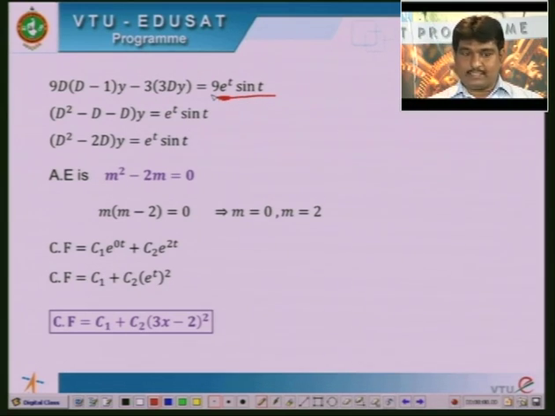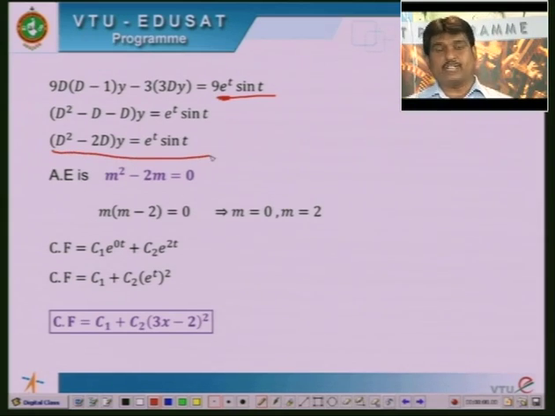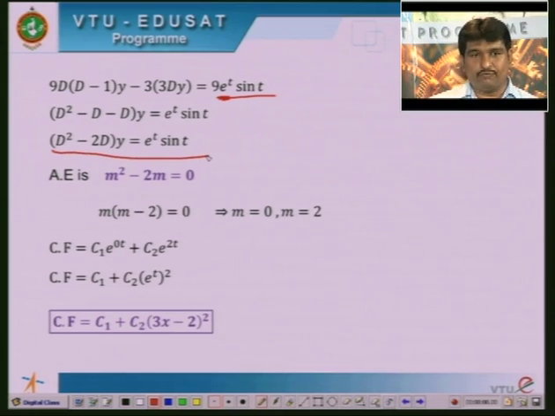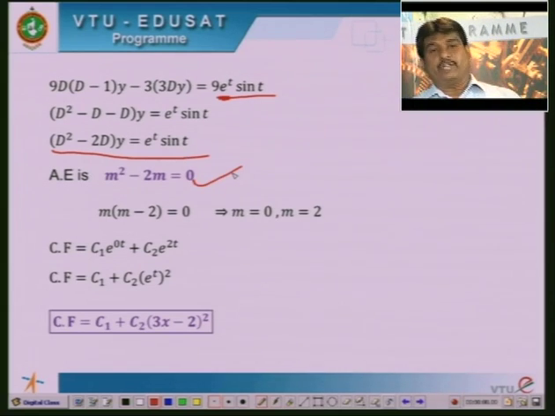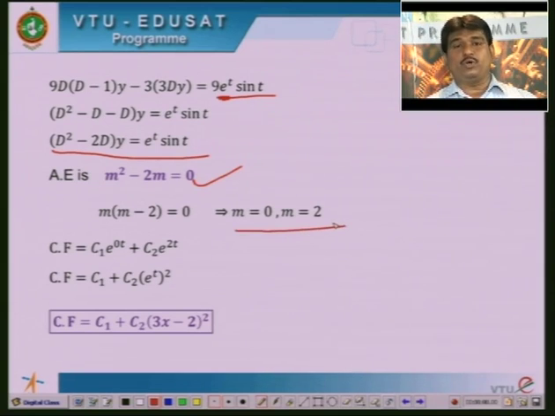You simplify this, we get (D square minus 2D) of y equals e to the power of t into sine t. This is an equation with constant coefficients. Its auxiliary equation is m square minus 2m equals 0. Solve this to get roots m equals 0 and m equals 2.